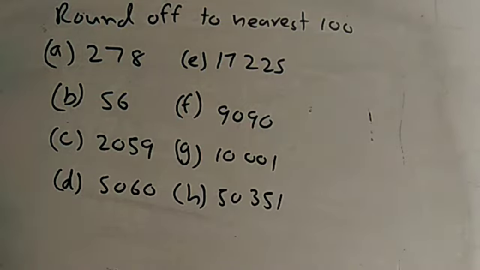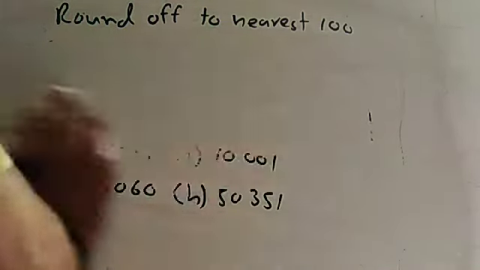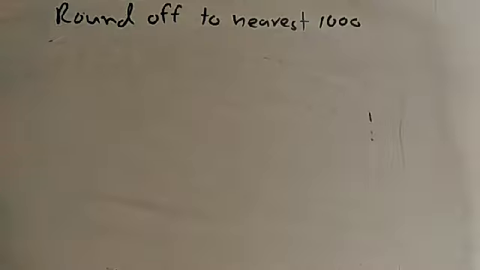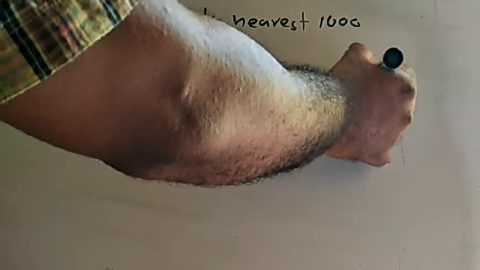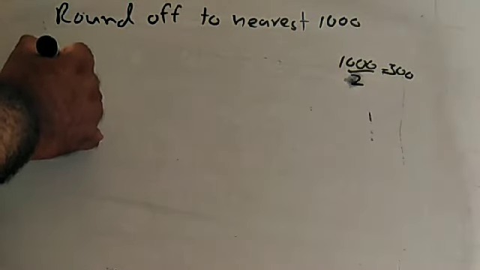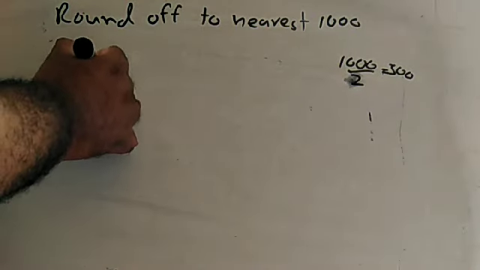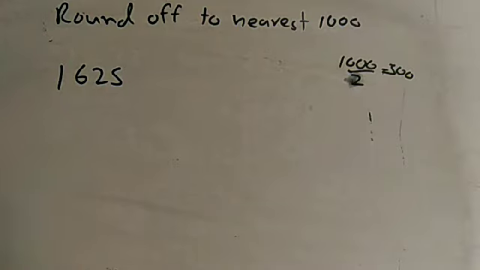Right. Okay. Then let's learn rounding off to the nearest 1000. You should know the half of 1000 is 500. Then 1625 round off to the nearest 1000.